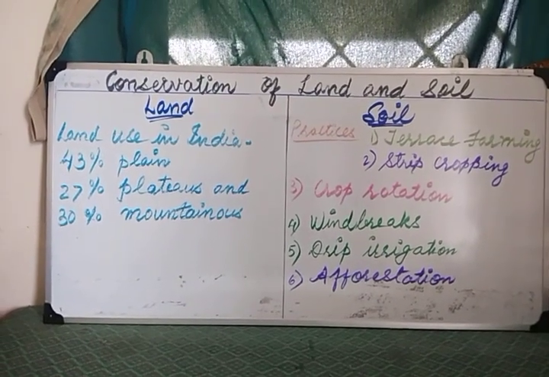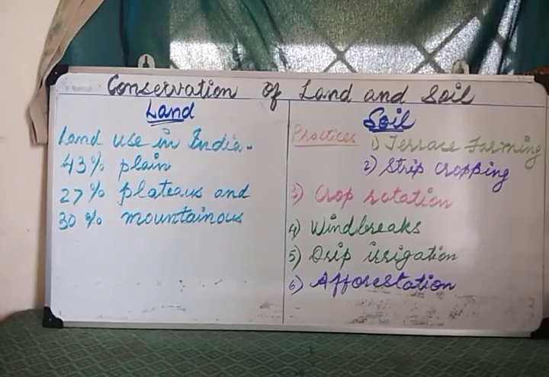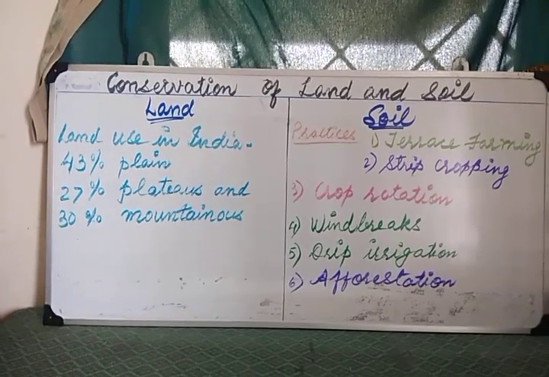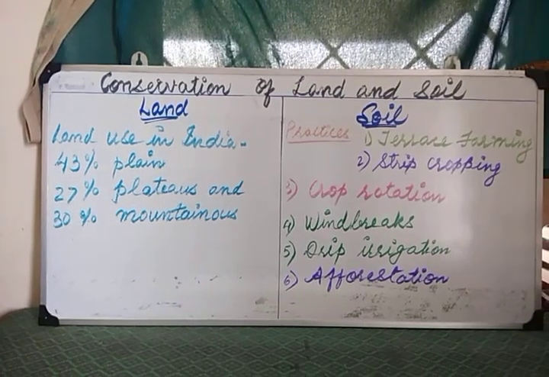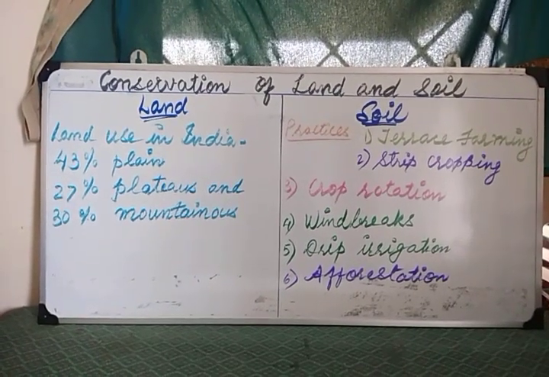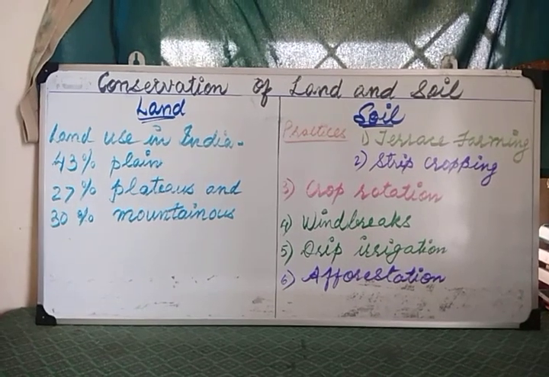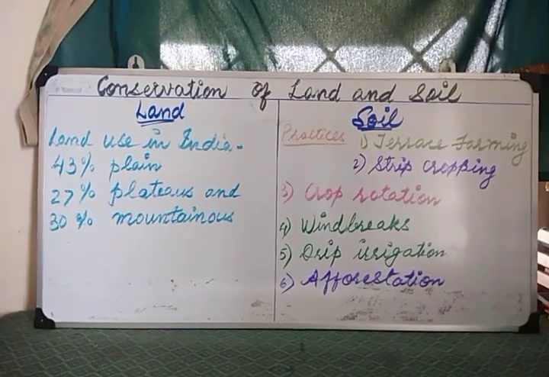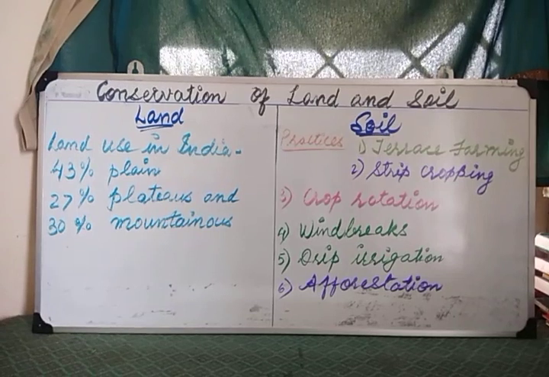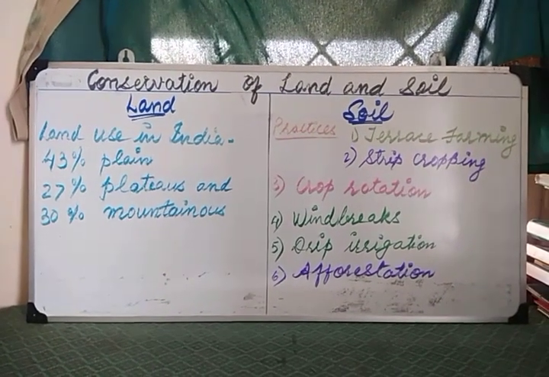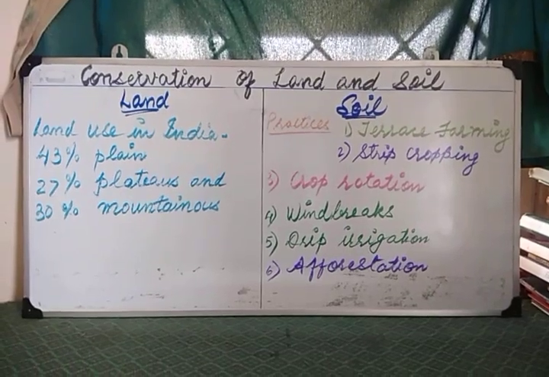Other conservation methods are land reclamation, wasteland reclamation, afforestation, use of improved farming methods, and checking soil erosion. These are some of the ways to conserve land resources.